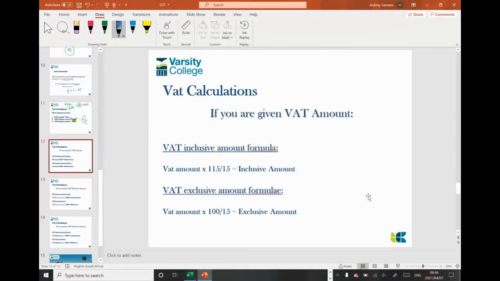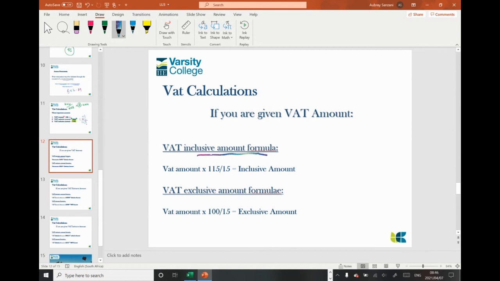Now, like I showed you guys in unit 2, they will always give you two amounts, and then you need to work out the third. So with VAT calculations, if you are given the VAT amount and they ask you to calculate the VAT inclusive amount, here's your formula.